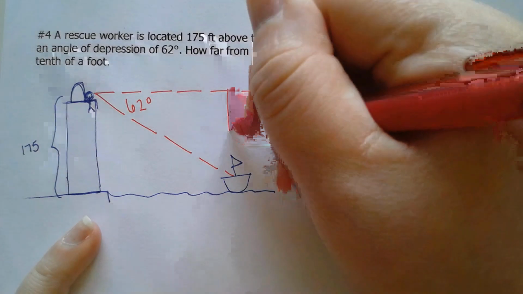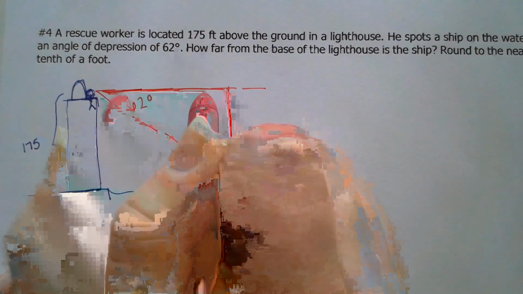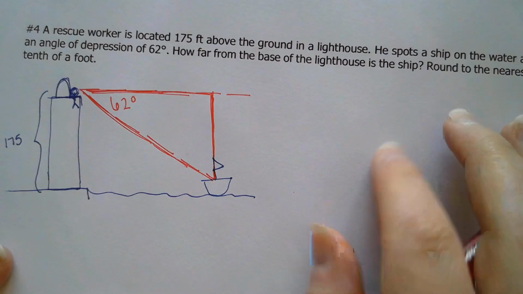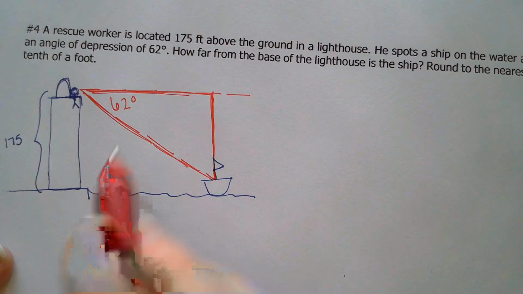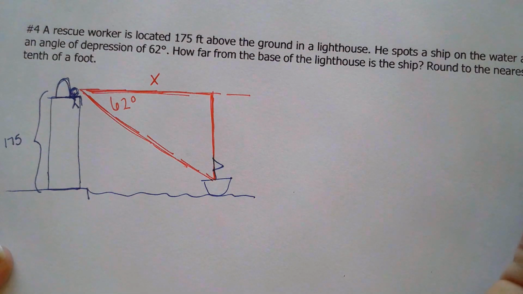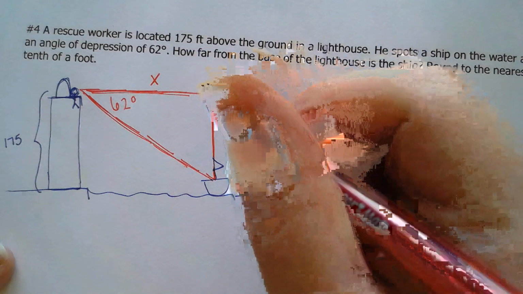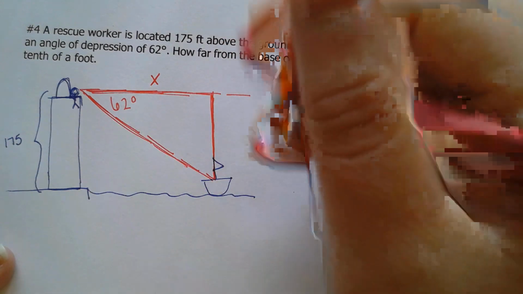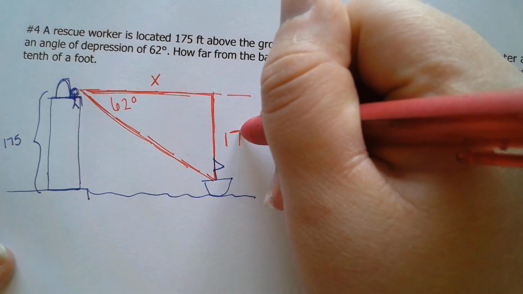So take a look at our triangle here. What values do we know? What values are we trying to figure out? We're trying to figure out how far this boat is away from the lighthouse. So that's going to be this value here. We also know that the complete height is 175, so I'm going to call this 175.